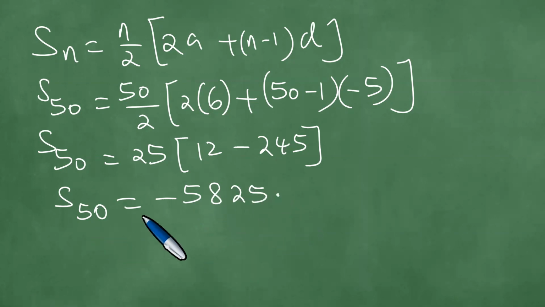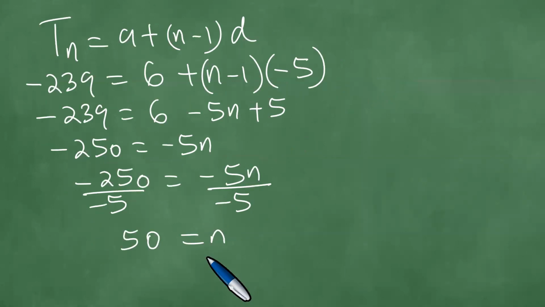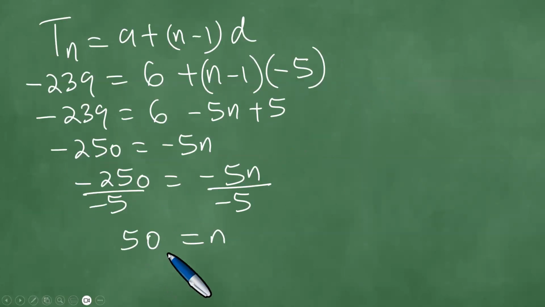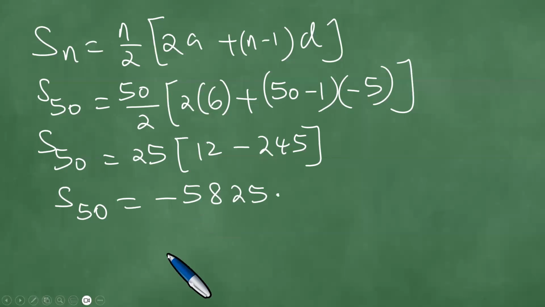So obviously we had to find the sum, because the question was calculate the sum of the arithmetic series, and so we found the sum. What is the sum? The sum is minus 5,825. Okay, so just note that. The next question, please.